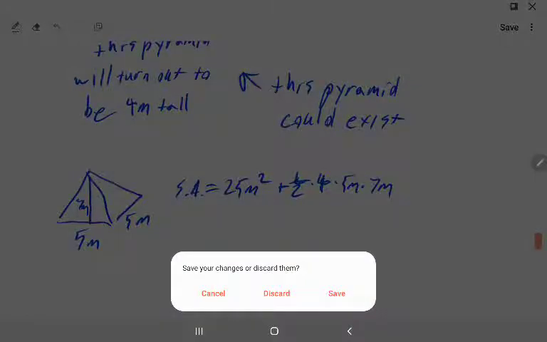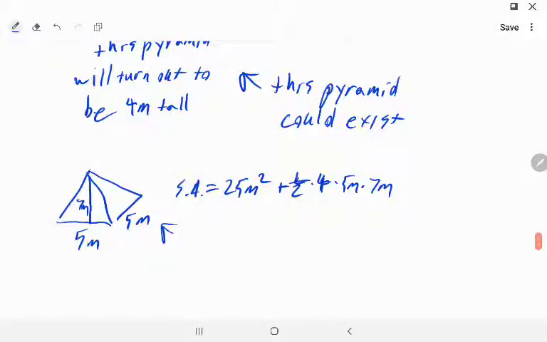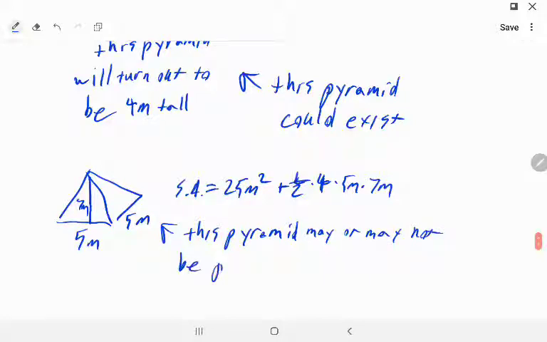The trouble is that this pyramid may not be possible to construct.